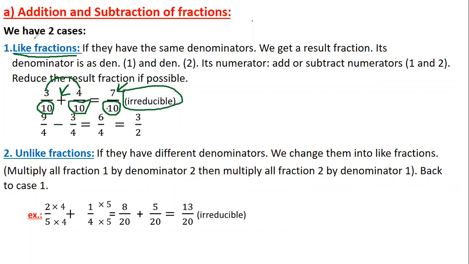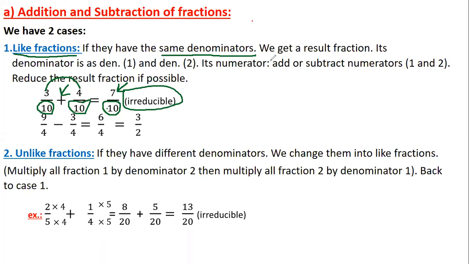So let me read. Like fractions if they have the same denominators. So to know if they are like, they must have the same denominators. We don't care about the numerators. We get a result fraction. In the result fraction, its denominator is as denominator 1 and denominator 2. As we saw, the denominator stays as it is and doesn't change in the answer.